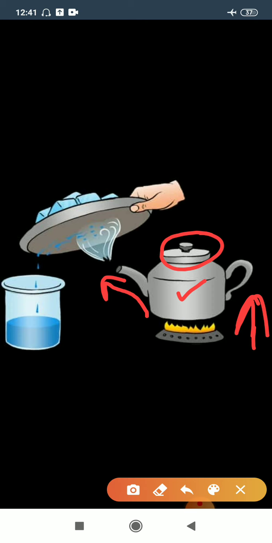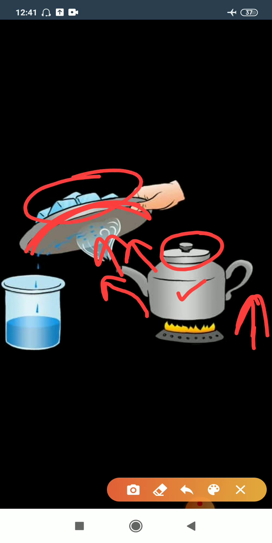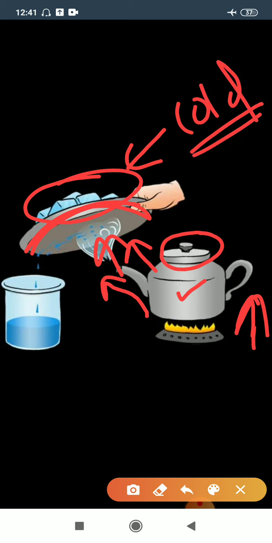The hot vapors touched this plate. Okay, so this ice is in cold form. So these hot vapors converted into water droplets and it will be collected in this beaker.